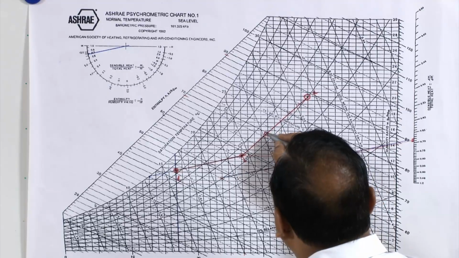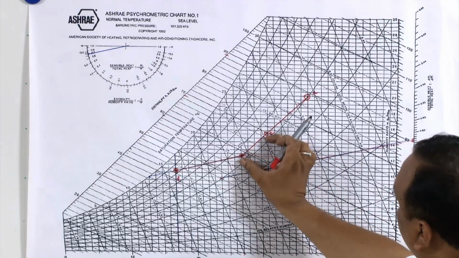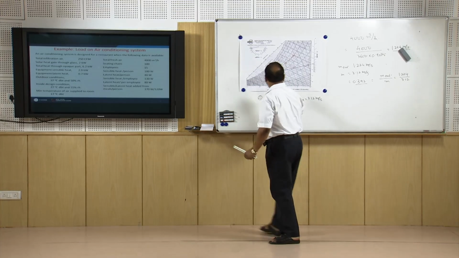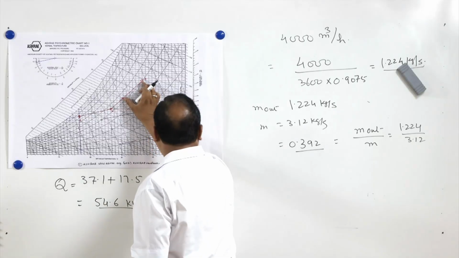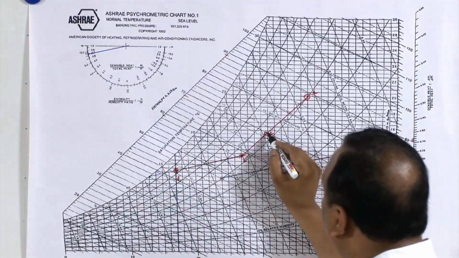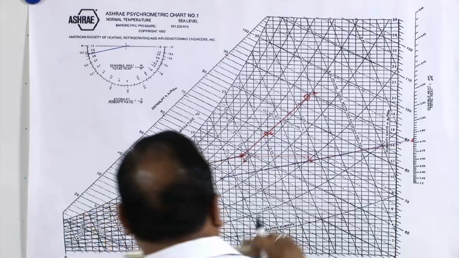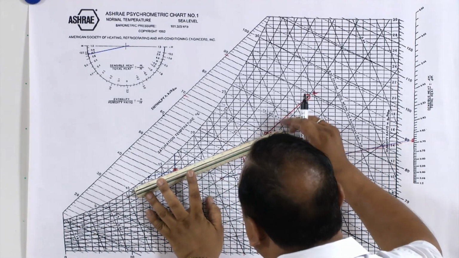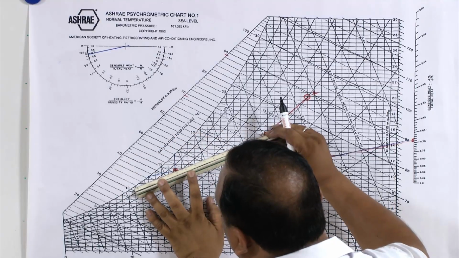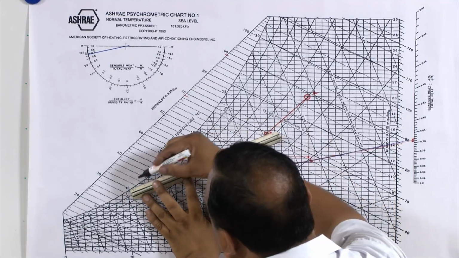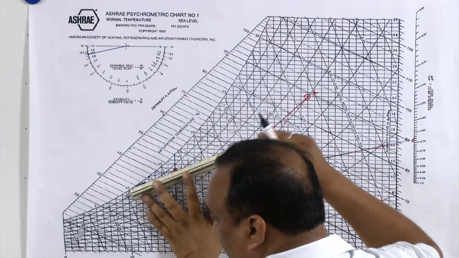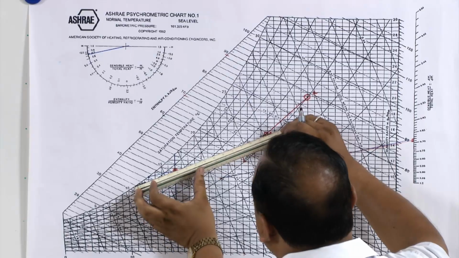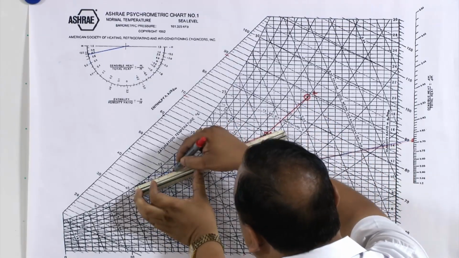This is point E. So this part is 0.608, and this part is 0.392. This mixture of fresh air and return air will enter the room, so this is the room supply condition. We will connect these two lines.